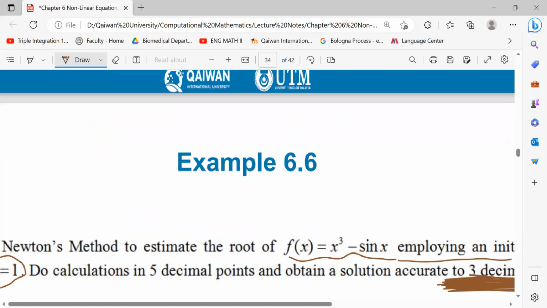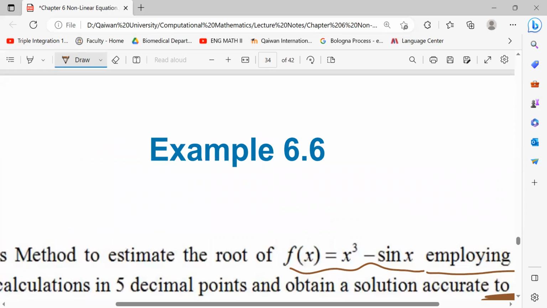Look, in all methods, we must have the function first. And also, in bisection, we must have an interval. In the second method, we must have 2 points. And in Newton's method, we must have a point. And also, we must have the error, which is the value of epsilon.